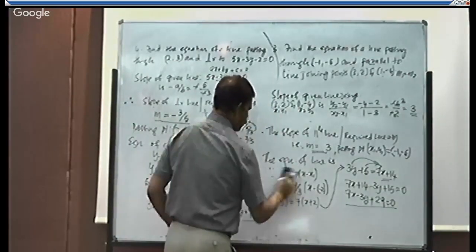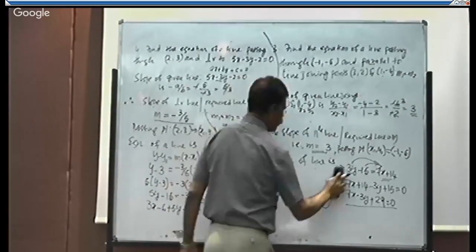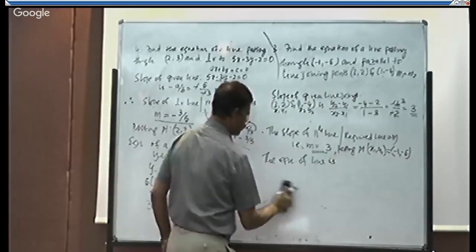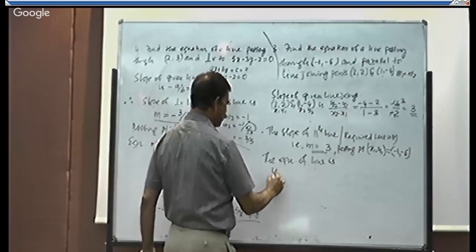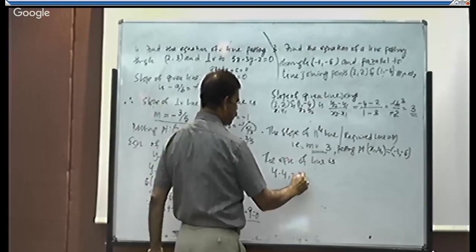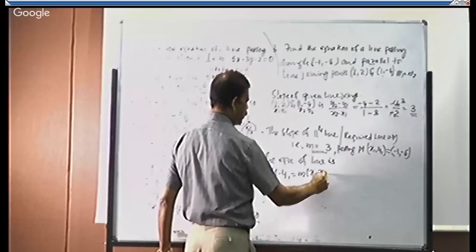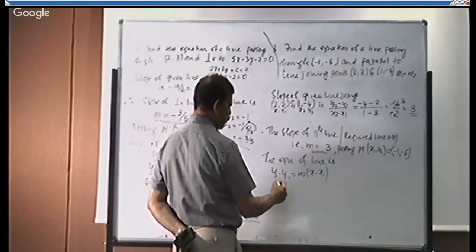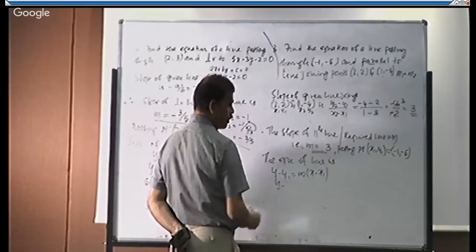The procedure is just repeated. Write the equation of the line. The equation of the line is y minus y1 is equal to m into x minus x1. Substitute the x1, y1 values and the m value.